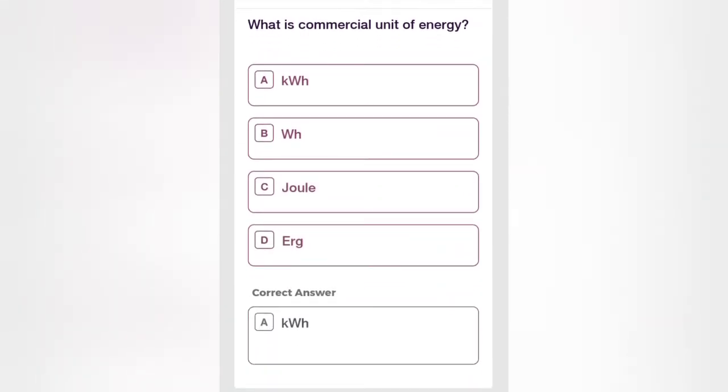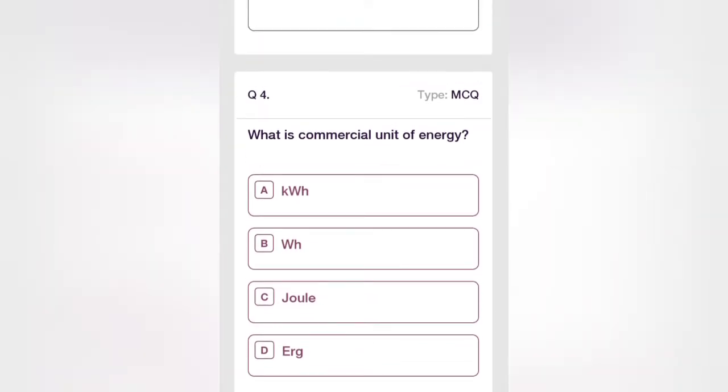Next question. What is the commercial unit of energy? Just now we have seen the commercial unit of energy is kilowatt hour, which is the larger unit of energy. Option A is the correct answer. Joule is the SI unit of energy.